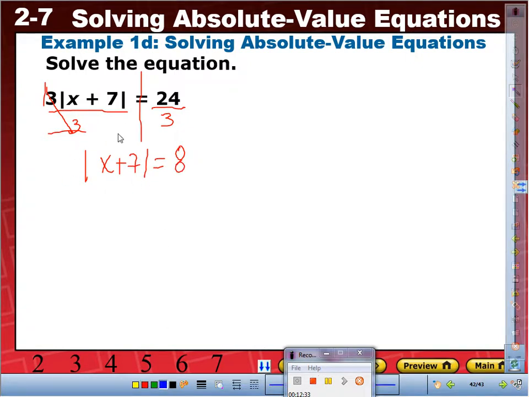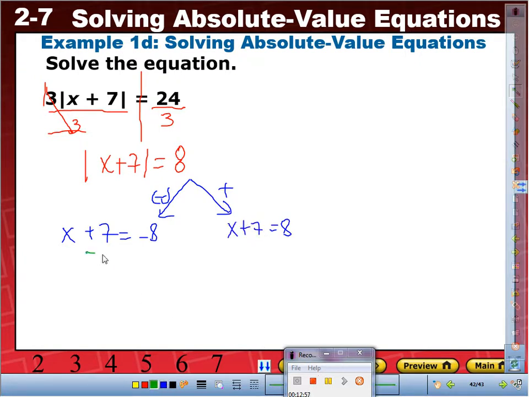Since we're already done with nothing outside of the absolute value, here we do 2 equations. One negative, so this becomes negative 8. Is that correct? What's inside the absolute value? X plus 7, and one positive 8. And once again, what's inside the absolute value? X plus 7.